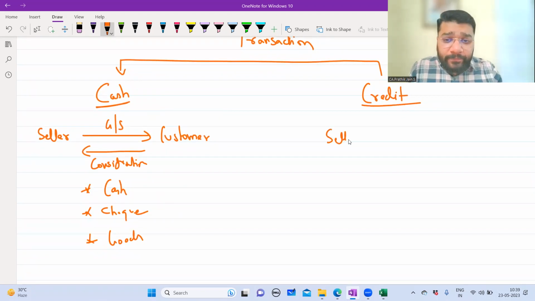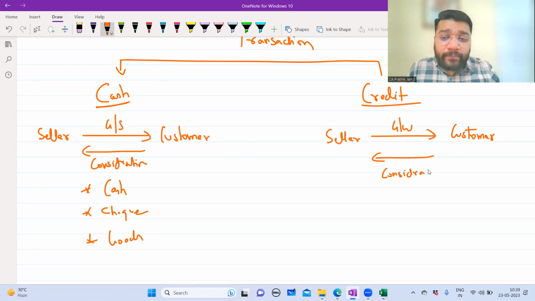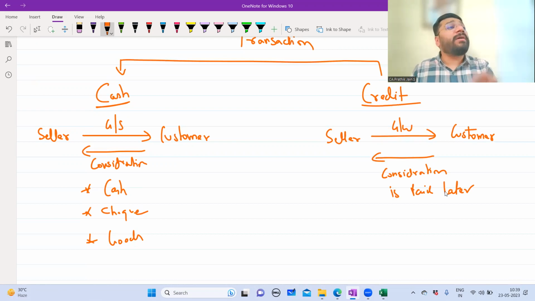Now, yes, guys, credit transaction means what? The seller will sell the goods and services to the customer. The customer will make the payment to the seller, not immediately, but at a later date. So consideration is paid later. So this calls for a credit transaction.